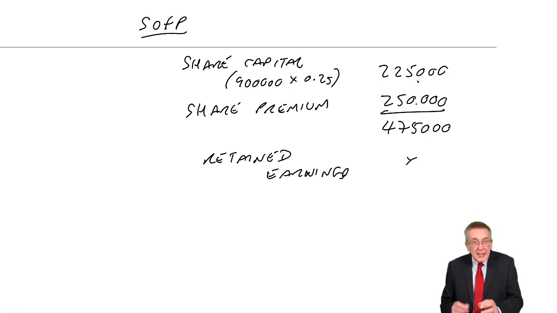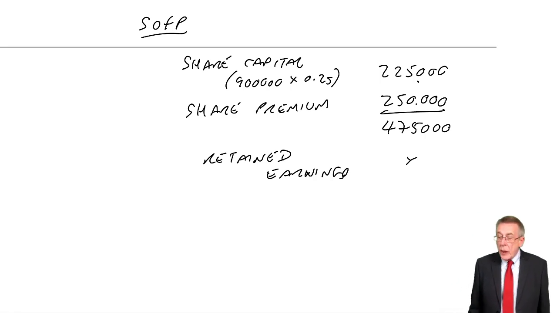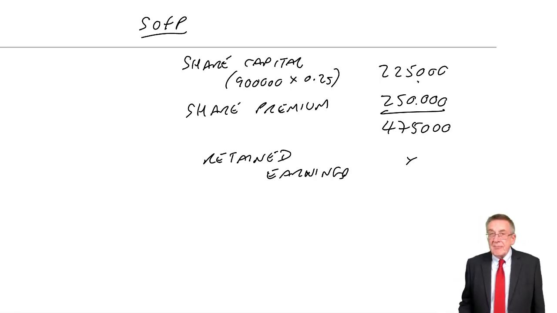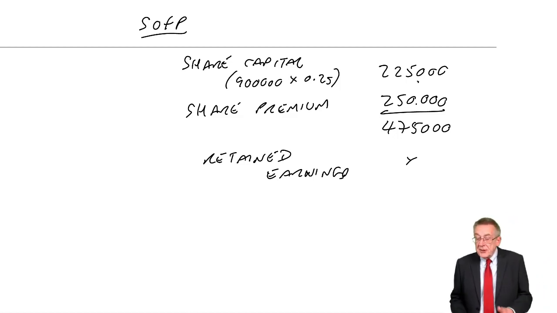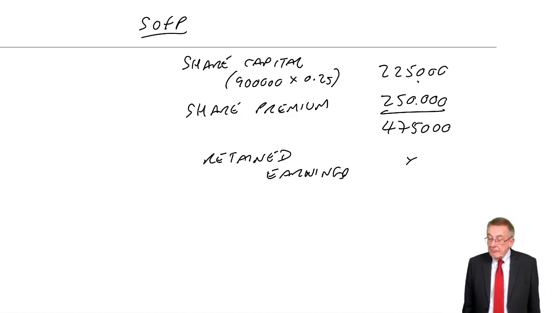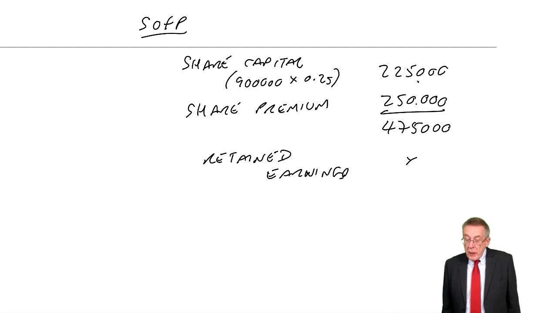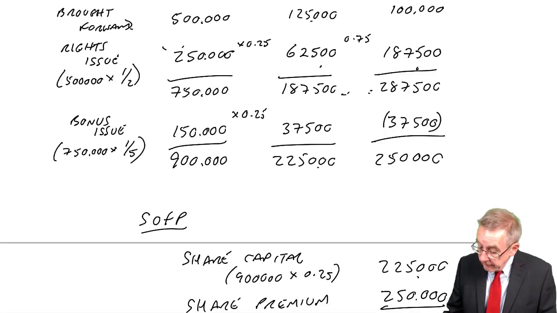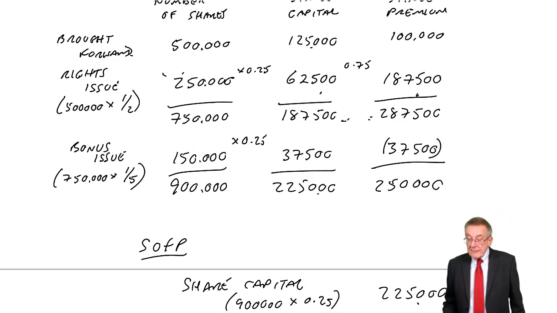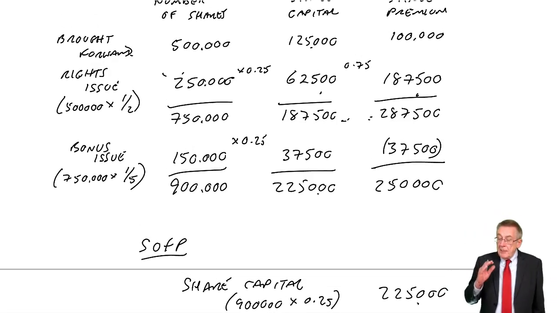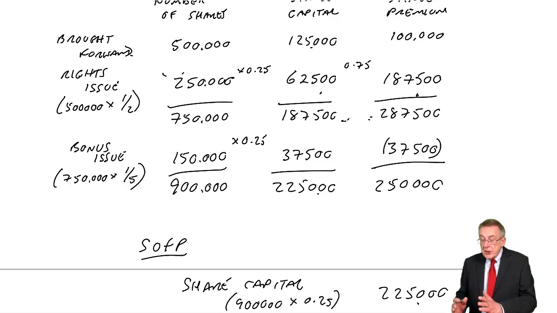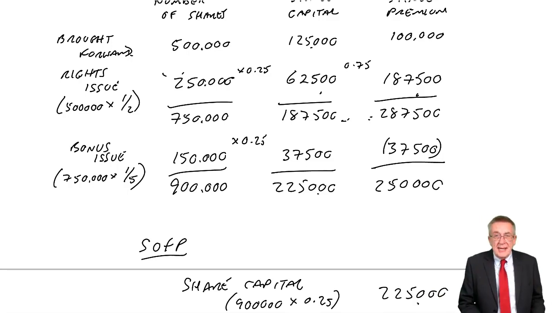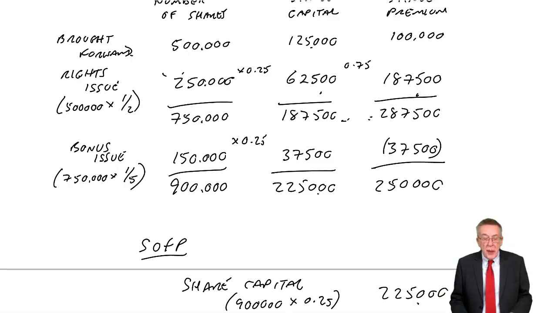Just be careful, particularly when the nominal value isn't $1. It's easy to miss the fact that it's 25 cents or it's 50 cents or whatever. Secondly, although a bonus issue, with credit share capital, we have to debit something else.